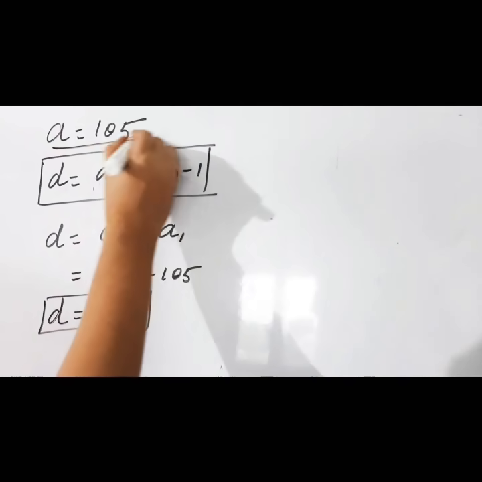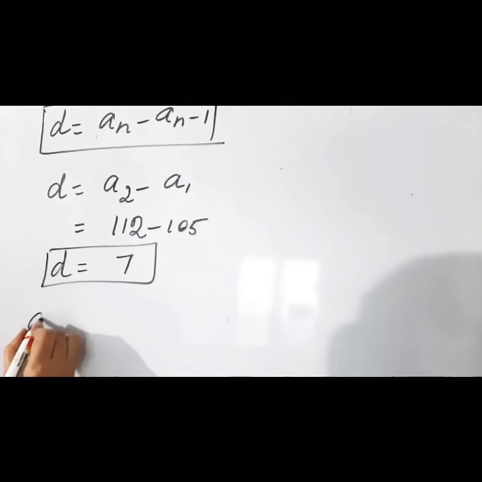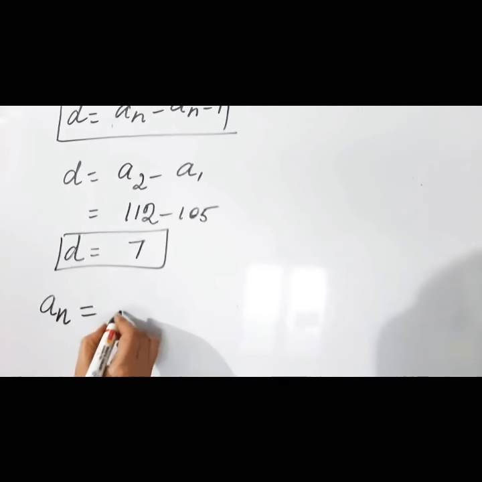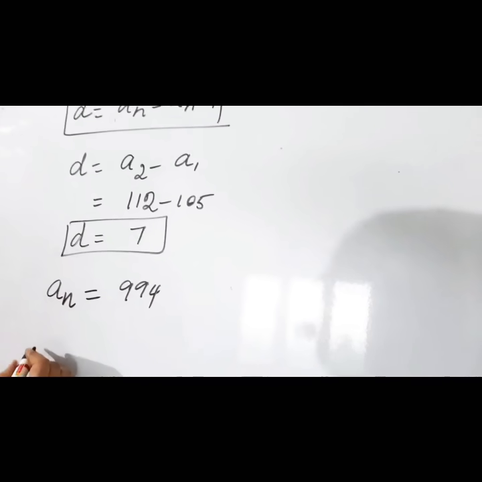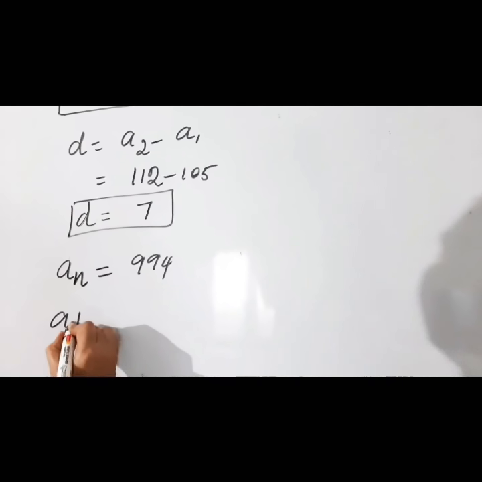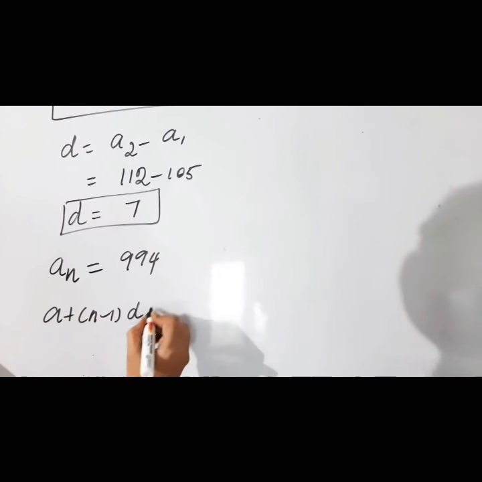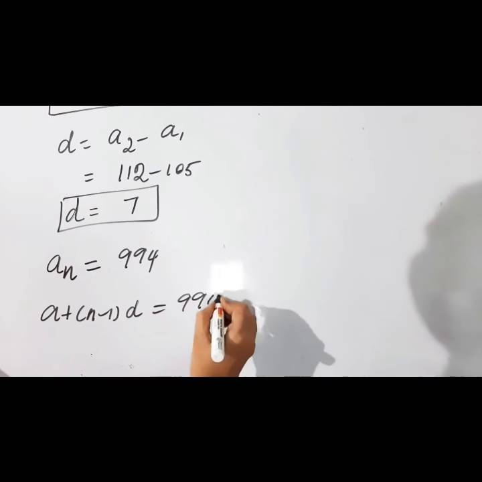We found A, we found D. And what is your last term? Last term An is equal to 994. What is the formula for the last term? A plus n minus 1 into D, which is equal to 994.